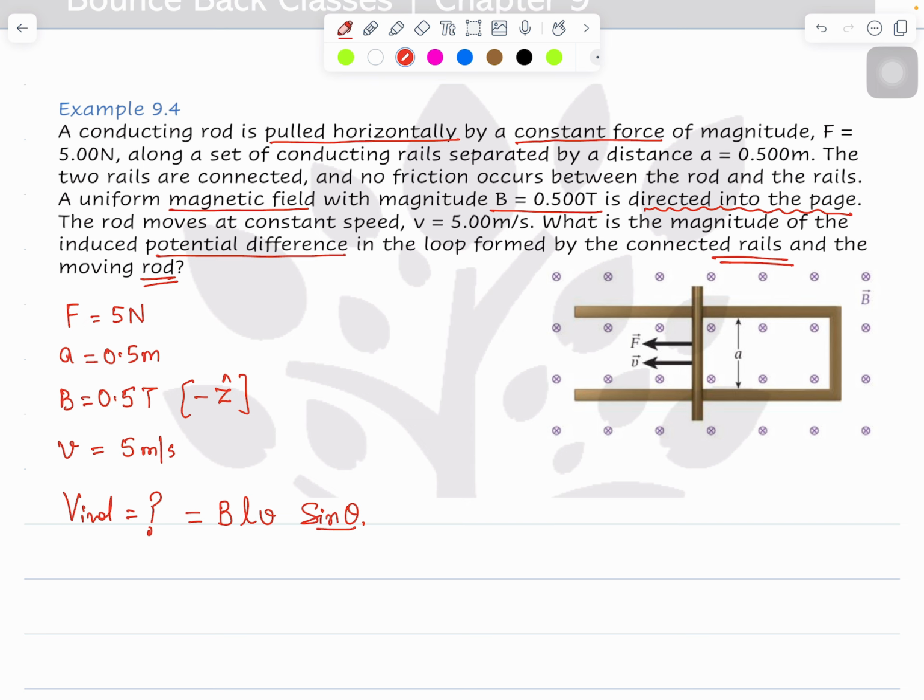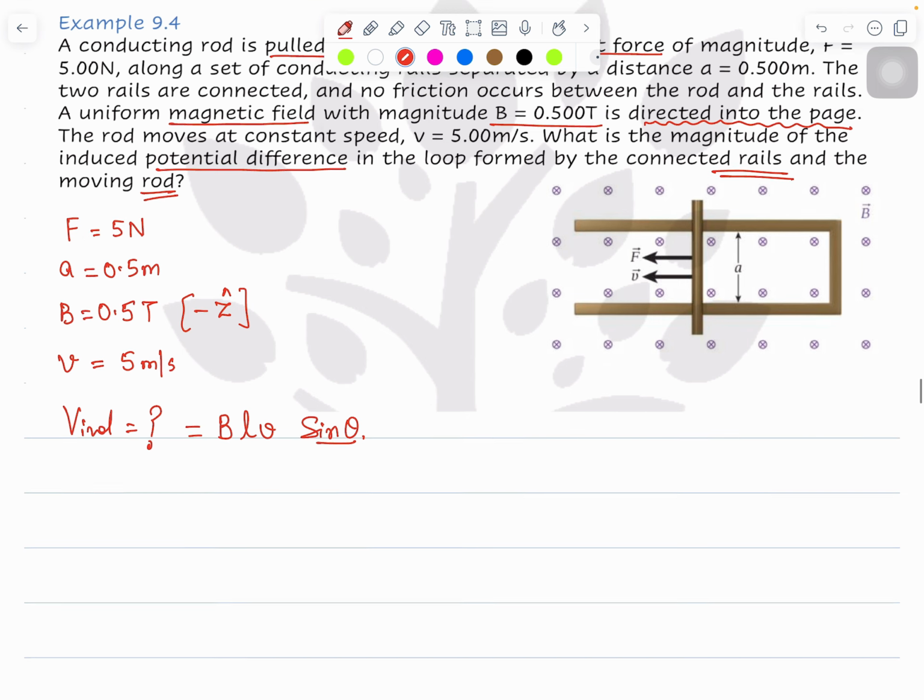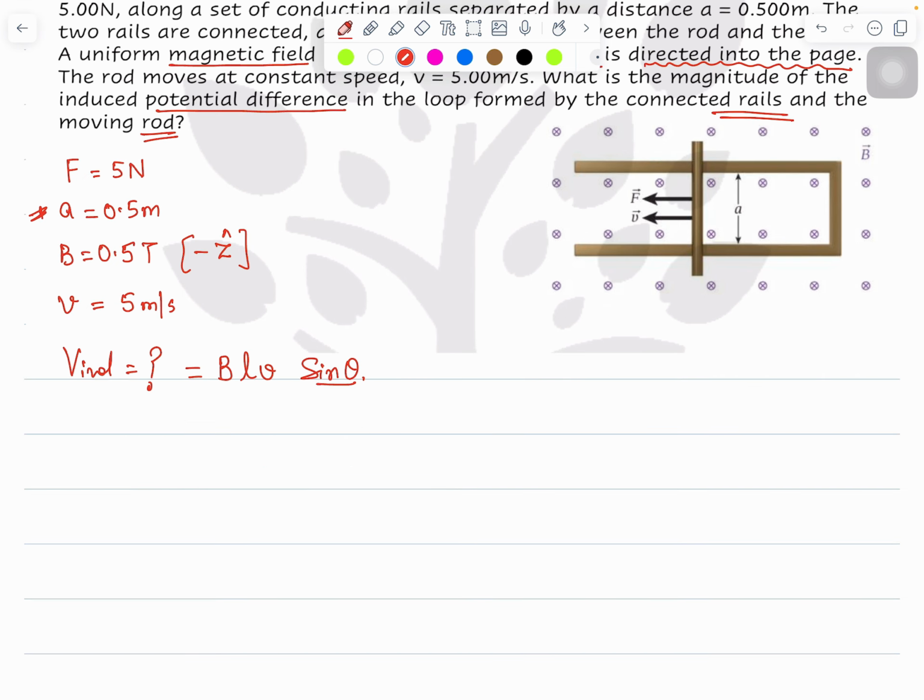Okay guys, so how will you solve this? See, we have A, which means we have the length. In the question it is given, this is your length from this point to this point, the length of the rod. B is given, V is given, and theta there is no need. I told you if it is given then we need to use it, even if it is 90 degrees.